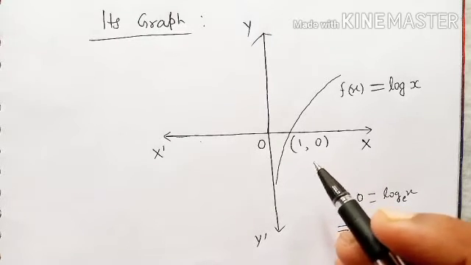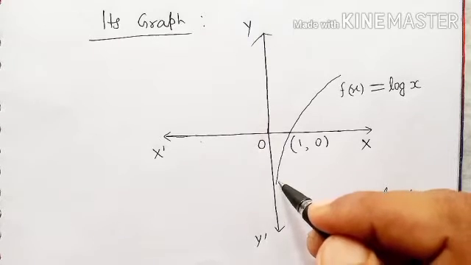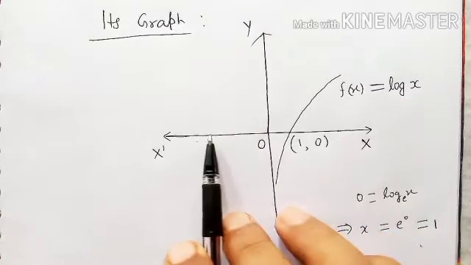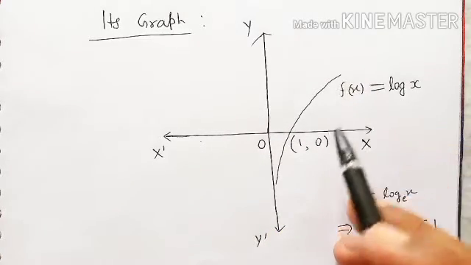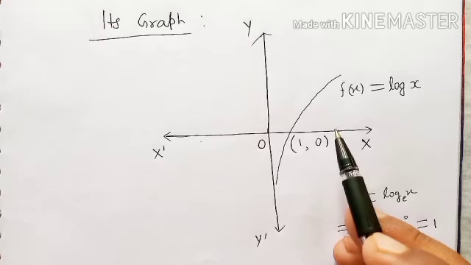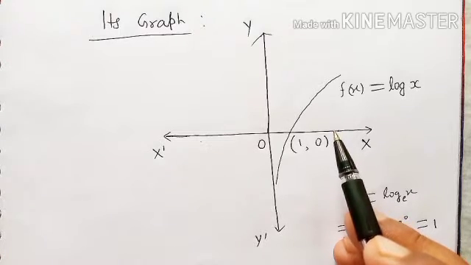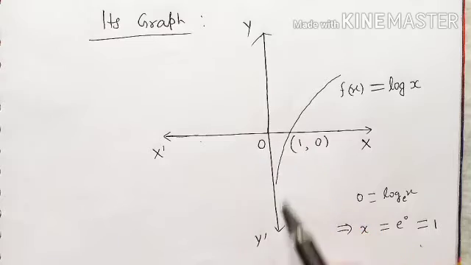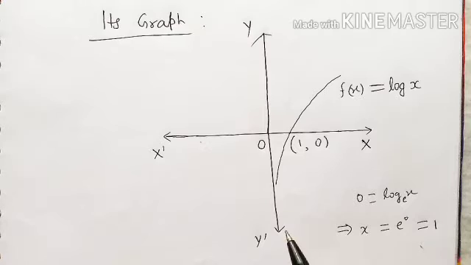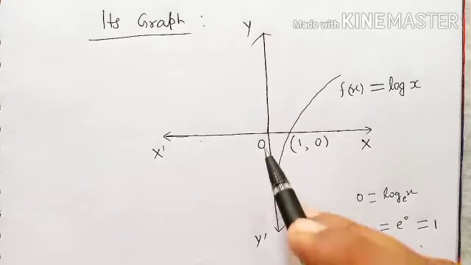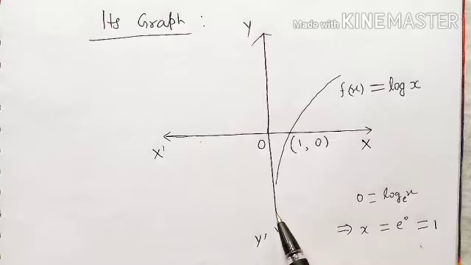We can say that its graph is ever increasing, means as we go from left to right, the graph rises above. We can say that in the fourth quadrant, the graph approaches the y-axis. It means that it tends to touch the y-axis, but never meets the y-axis.